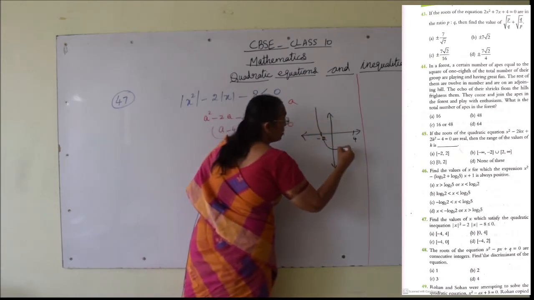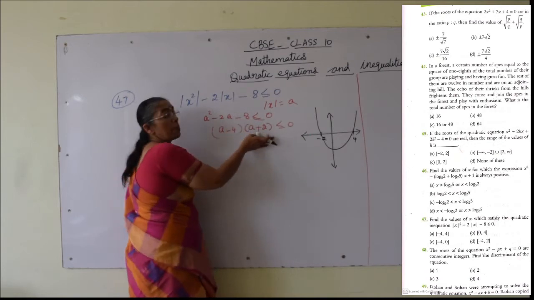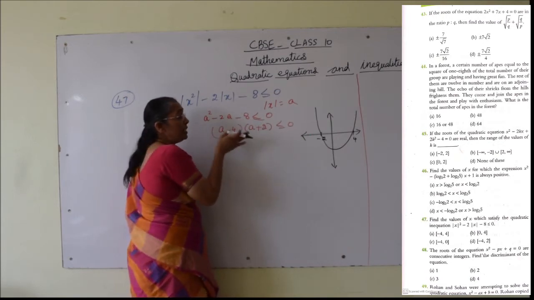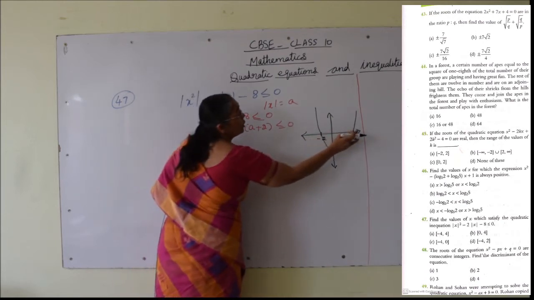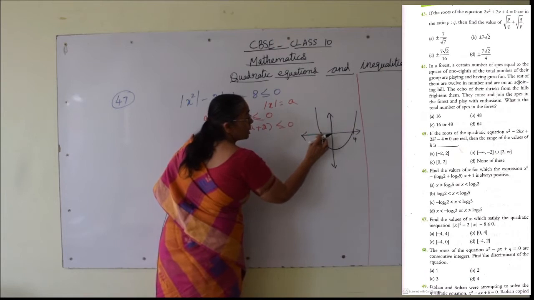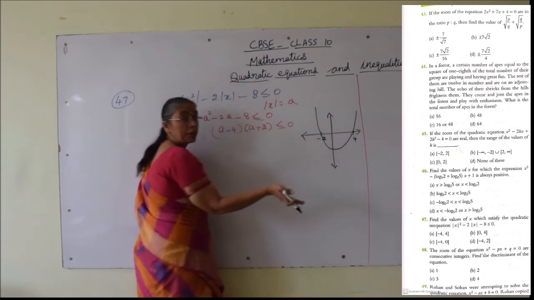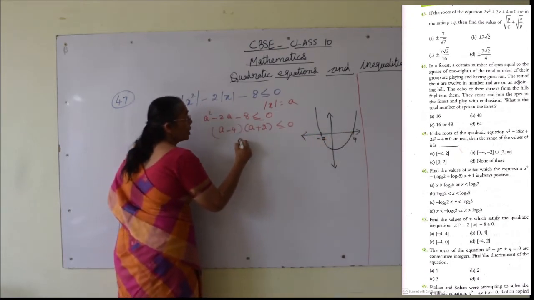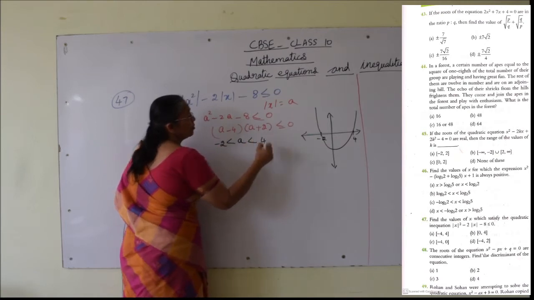The whole expression should be negative, less than 0, so we need where the graph is below the x-axis. In between minus 2 and 4 the graph is below the x-axis, meaning negative. So a takes the values between minus 2 and plus 4.